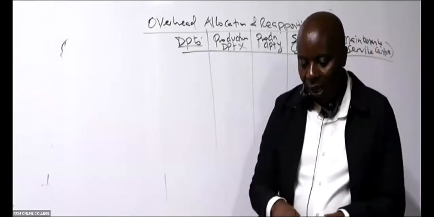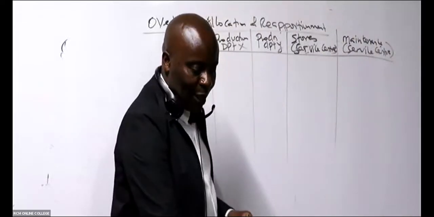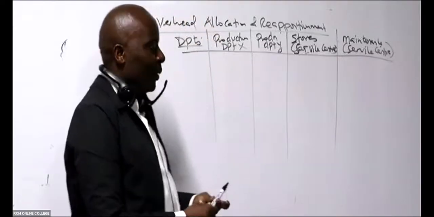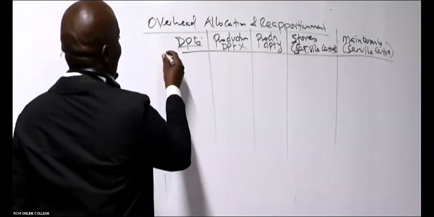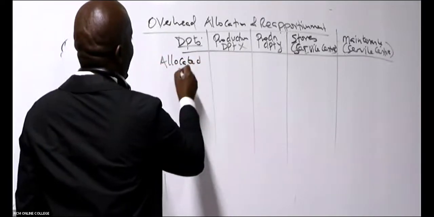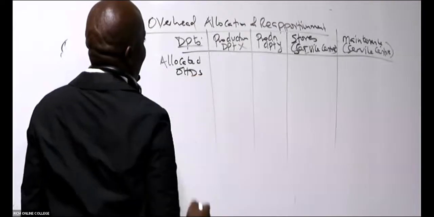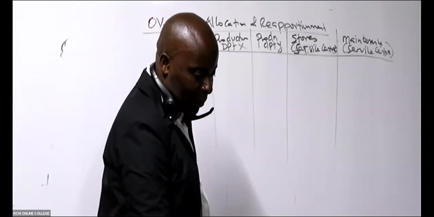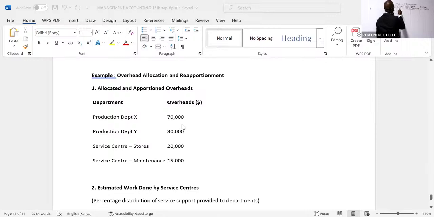So then we have our allocated overheads. So what have they allocated to these great departments? Production department X has been given 70,000.